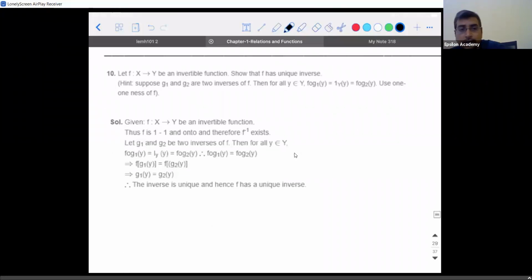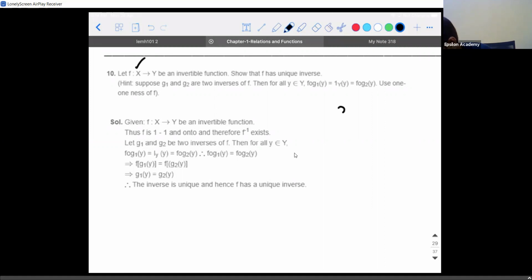Okay, so this one, see, there is again a theory question. There is a function f mapping from X to Y. They are saying it can be an invertible function. If it is an invertible function, then it is one-to-one and onto. Secondly, its inverse will also exist. What conditions will it satisfy?